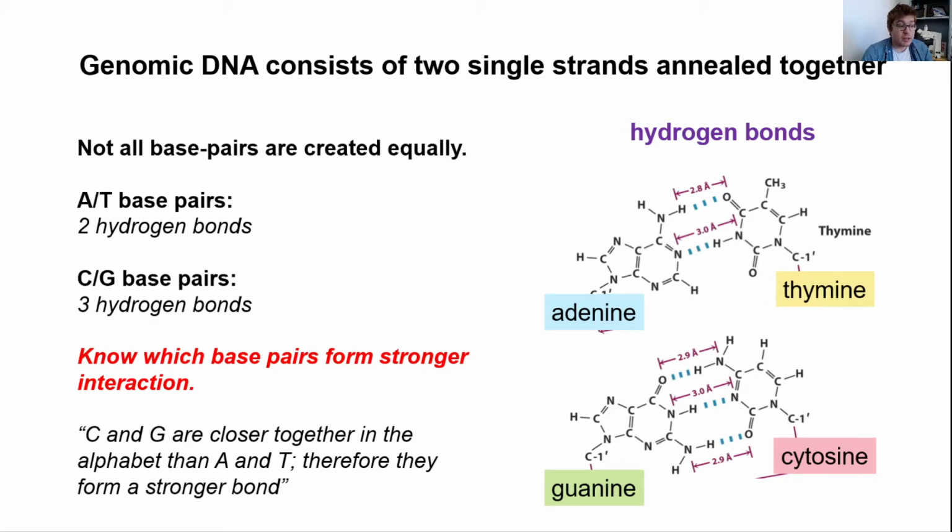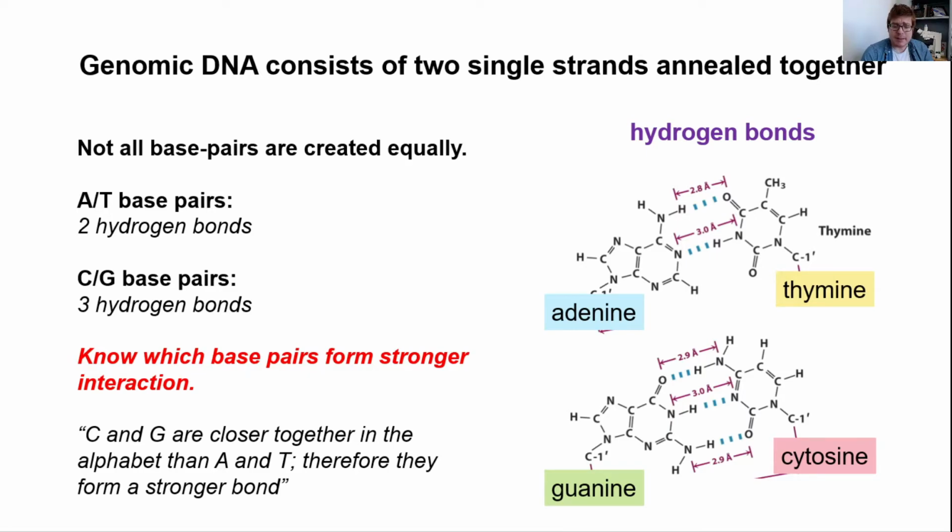And obviously, you'll want to know which base pairs form stronger interactions so that you can keep this straight. A useful mnemonic I use is that C and G are closer together in the alphabet than A and T, and therefore they form a stronger bond. But of course, you can memorize this AT2 CG3 however you like.